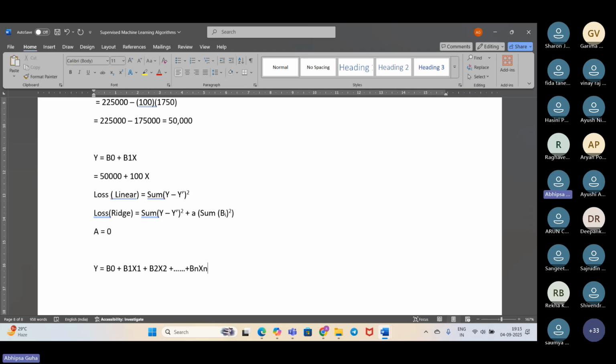In the linear sense, suppose b1 equals 0 and b2 is around 90.